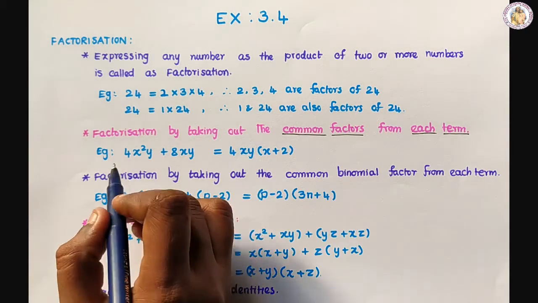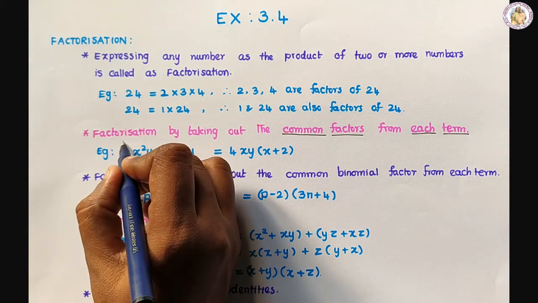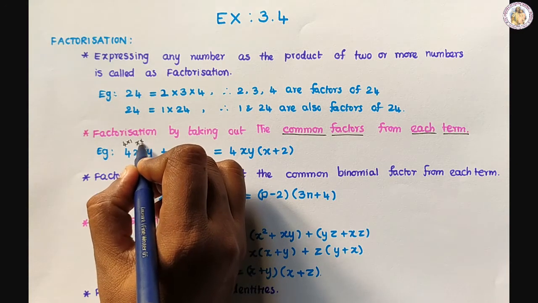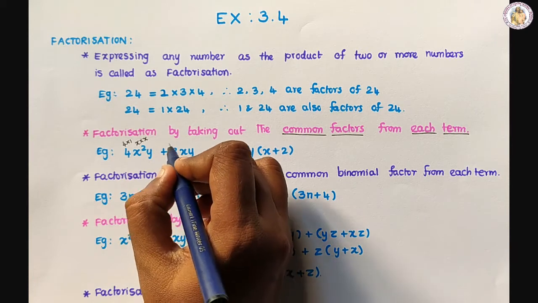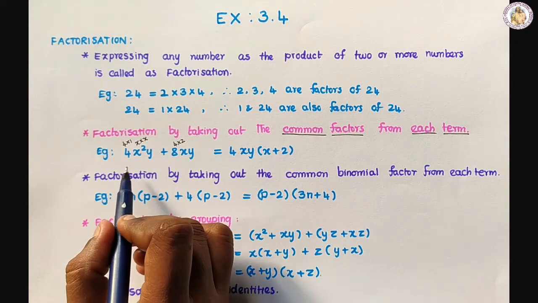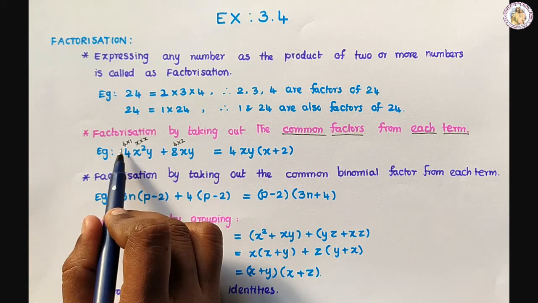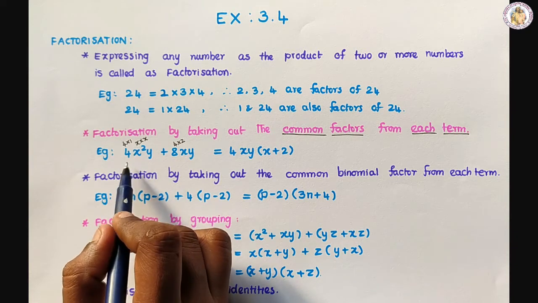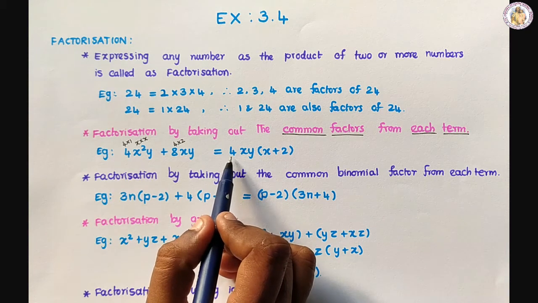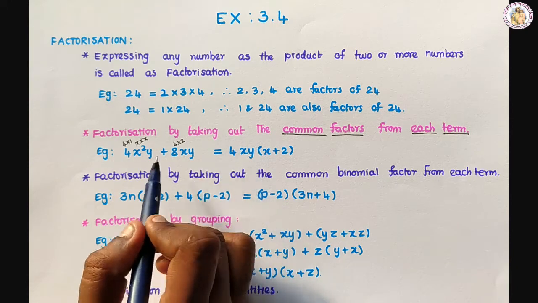Listen to this example. 4x square y. 4 we can write as 4 into 1, x square as x into x. Here 8 as 4 into 2. What are the common factors here? 4 and x. There are 2 terms, and in both terms 4 is there, so take out 4. x is also there, so take out x, and y is also there, so take out y.